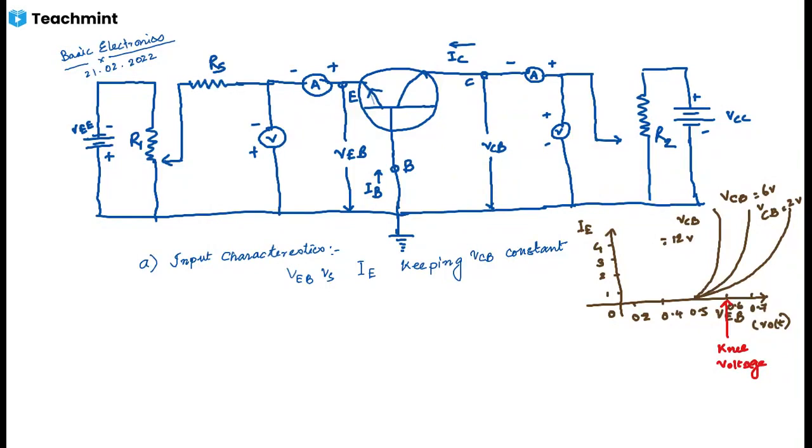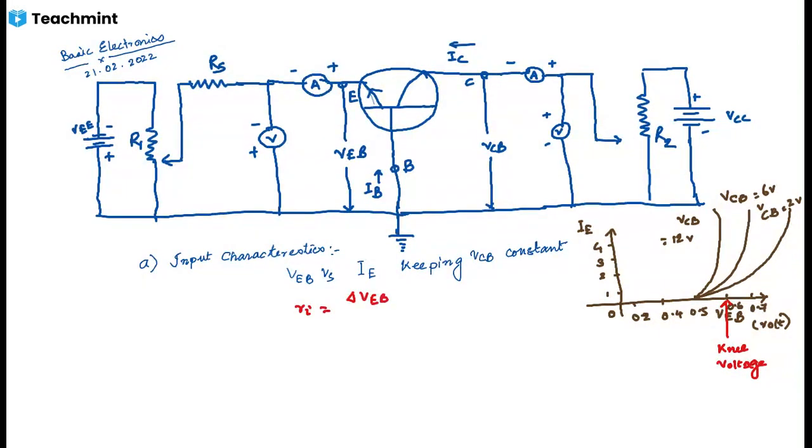With the increase in VCB, at any point of the curve, the value of AC or dynamic input resistance is given as Ri equals to del of VEB by del of IE with VCB constant.